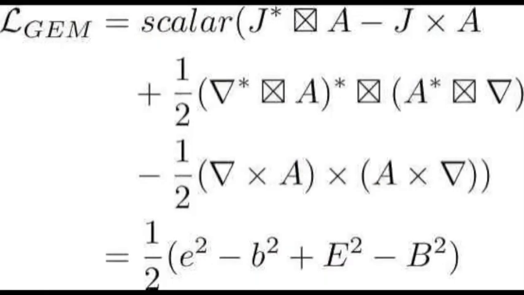So we're going to now define the GEM Lagrange density by subtracting one of these from the other and focusing only on the scalar parts. And there it is. I've got the two E fields minus the two B fields, and that's about it. The gauge field is gone completely due to this perfect cancellation.